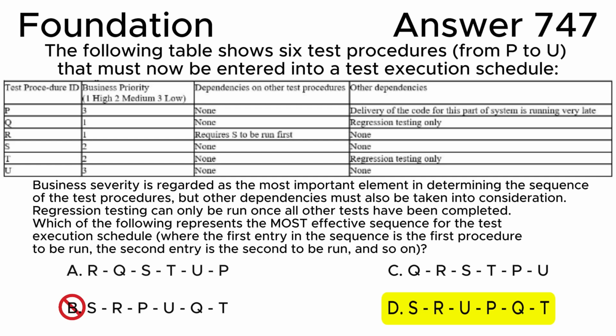Answer B is wrong because test procedure P has a delivery delay constraint and should be run after U. Since U has no constraint, U should run before P. Answer C is wrong because test procedure Q is regression testing and should be run later. Also, test procedure R is dependent on S and we cannot run R before S.